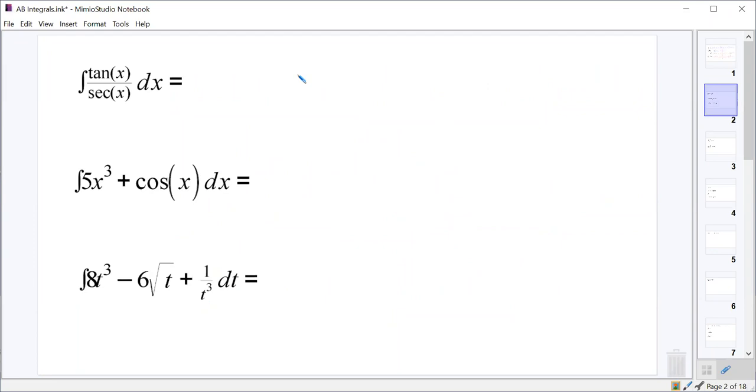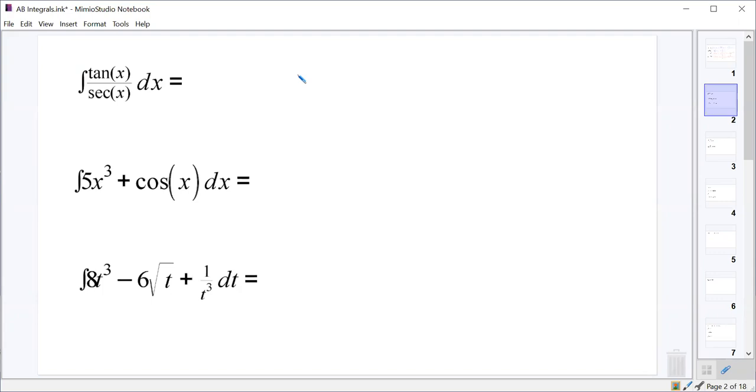So let's see if we can figure out how to integrate tangent x over secant x. Any thoughts on that one? Is that a rule that's just sitting there on your sheet to write down and do? No, there's no rule for the integral of tangent x over secant x, is there?